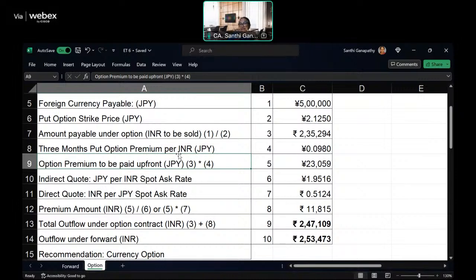How will the settlement be made? Physical or cash? Is this done? Are you clear with this?